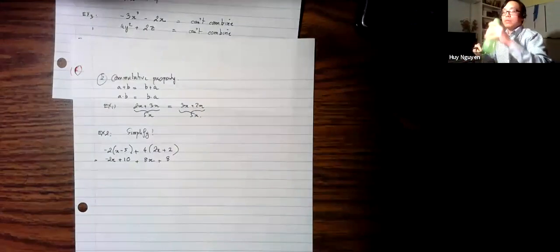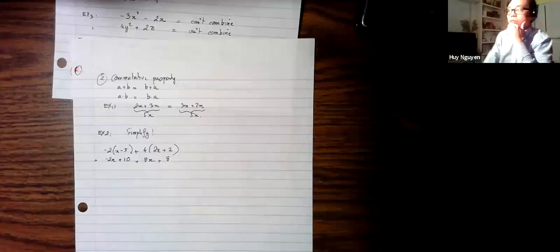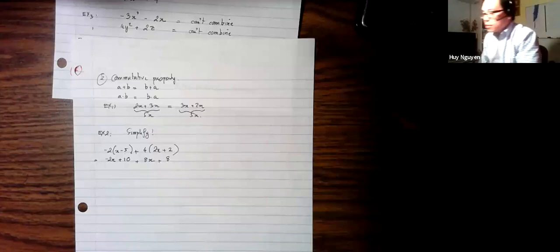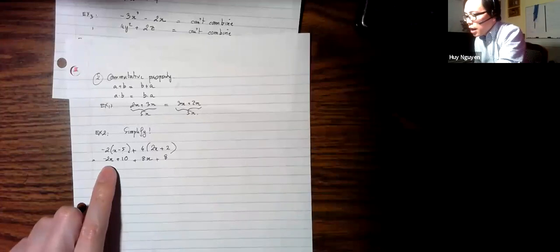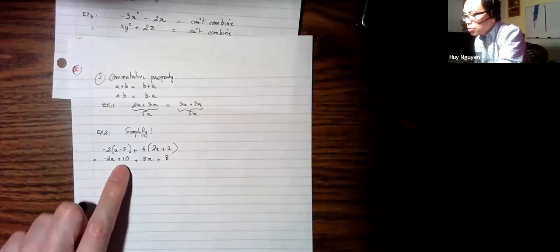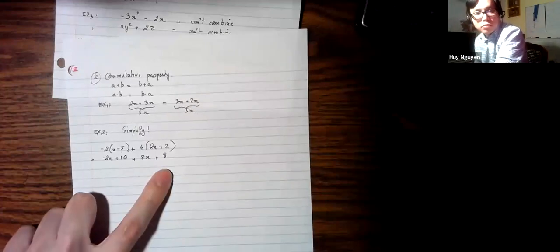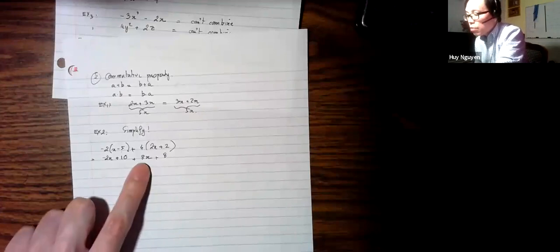But the question is, are we done? Or do we have to do something more? Well, look at this. I have two constant terms, which we can combine, right? And we have two variable terms that have the same variable.